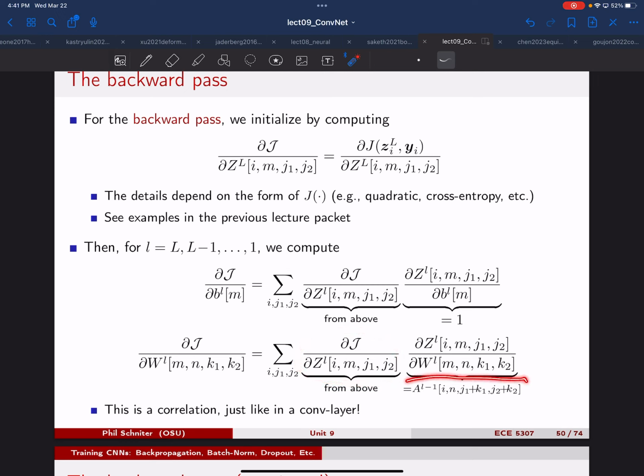We can think about this as the input image to that convolutional layer, and then you can see that based on this structure here, it's really nothing more than correlation, which is exactly what a convolutional layer does. So the point is, if you design a GPU that's very fast at doing the forward pass, very fast at doing convolution, then it's also going to be equally fast at the backward pass. Very convenient, right? Forward, backward pass have the same structure. They're both based on convolutions.